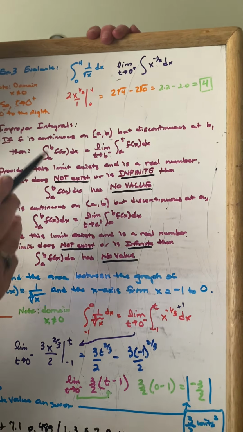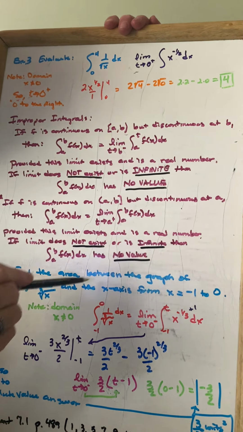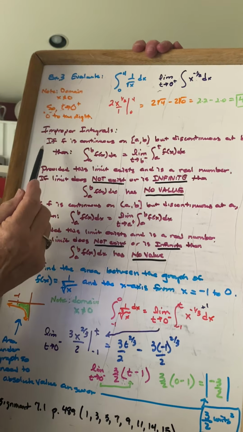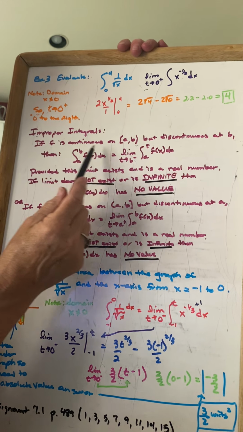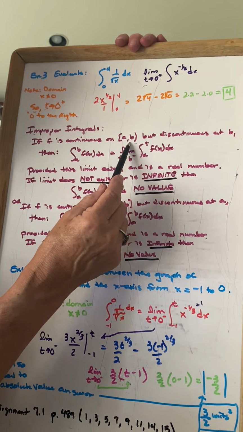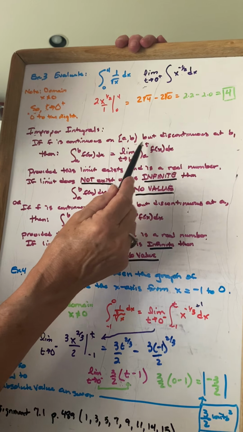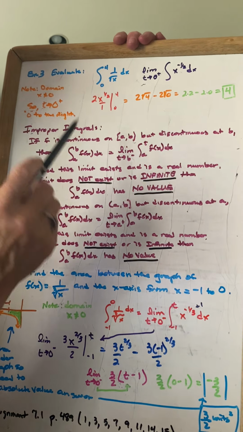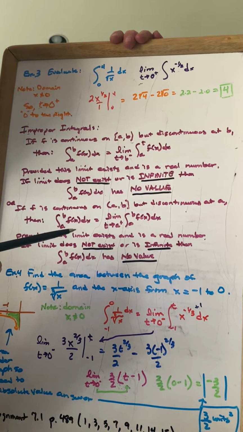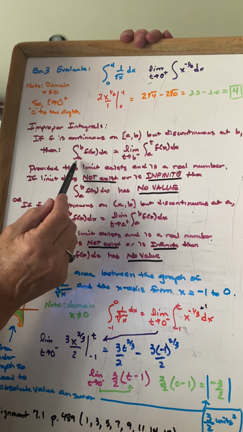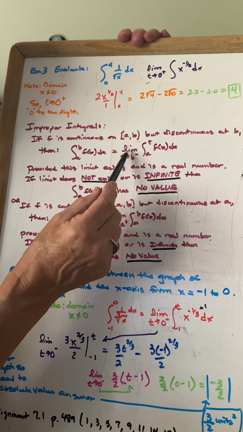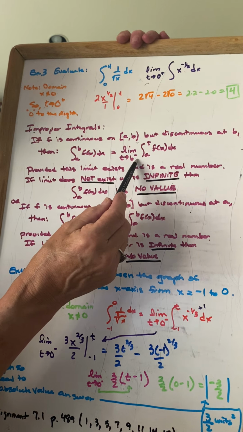All right, so what's another way of stating this? If it's coming from the directions of left and right, they like to make a definition of that. So, an improper integral: if f is continuous from bracket a comma to b parentheses, but is discontinuous at b, so this is if it would have been discontinuous at the top number, then the integral of a to b of f of x dx is the limit of t going to b from the left.